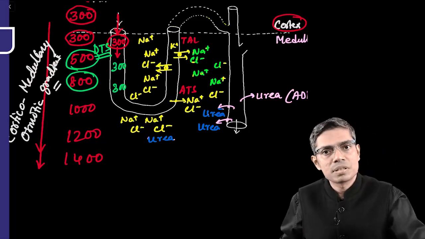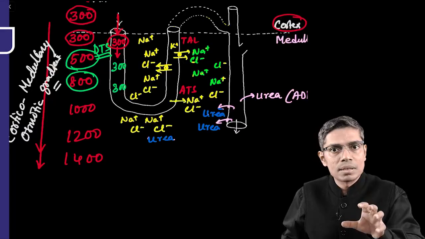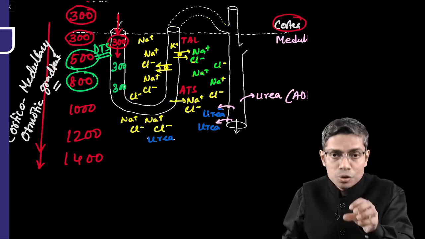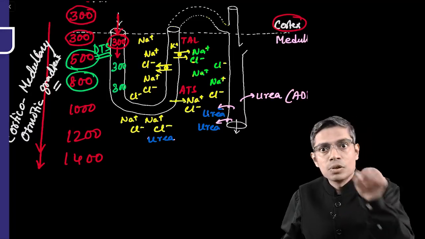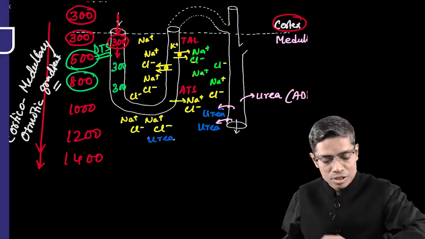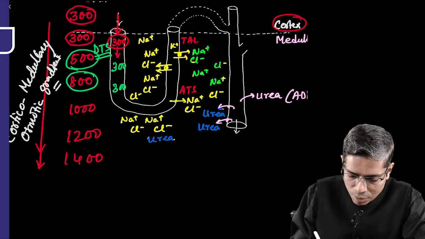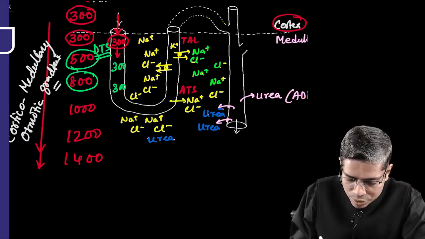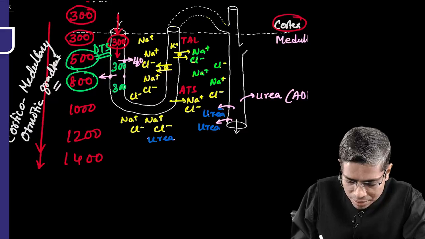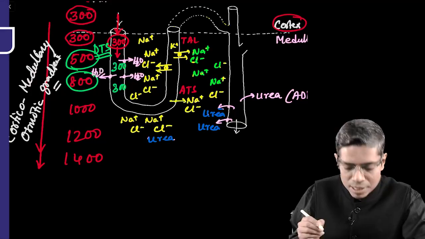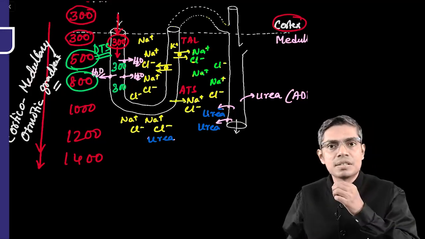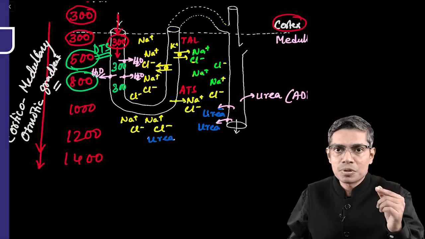There will be osmosis. What is osmosis? Water, that is a solvent, moves from low solute concentration, that is 300, to high solute concentration. So now this water will be reabsorbed from the tubular lumen to the level of the medullary interstitium. Water will be reabsorbed from the tubular lumen towards the medullary interstitium by the process of osmosis.